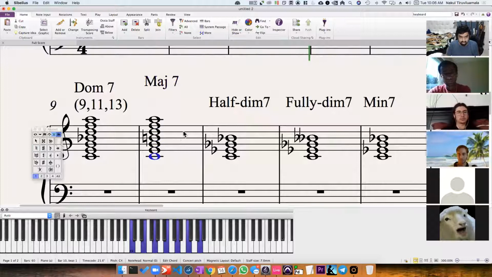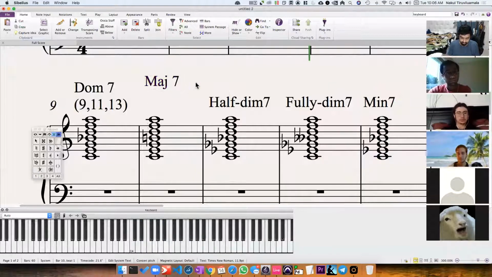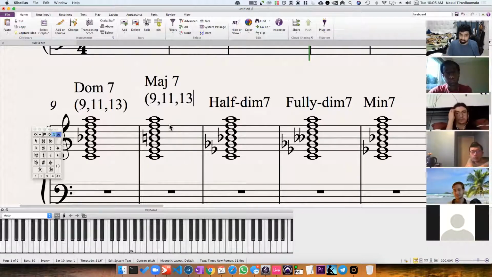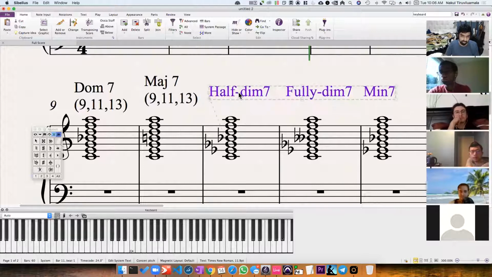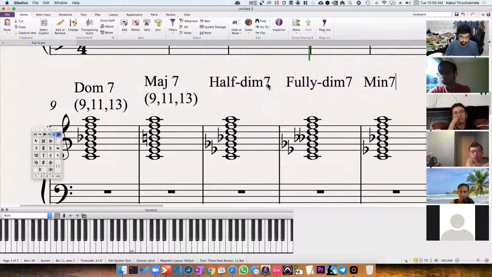So actually what's interesting about this, I'm just going to do this really quickly. Okay. What would I put here? Wouldn't it still be 9, 11, 13? It would still be 9, 11, 13.